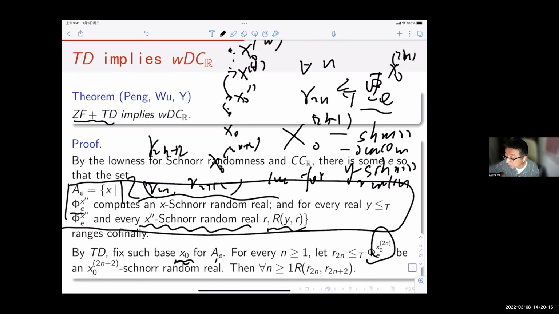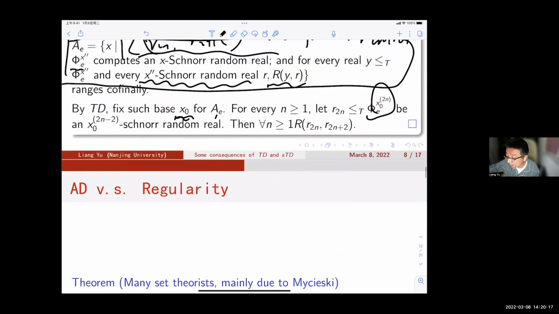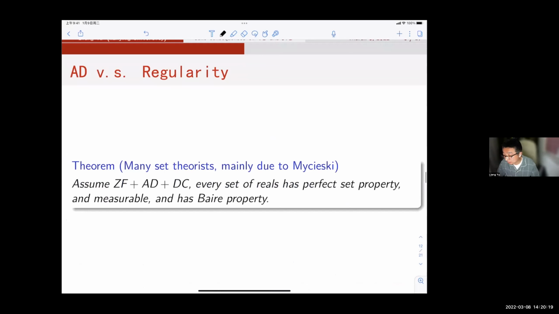And let's look at the other applications. It's well known why AD is important, because it implies regular properties for sets of reals. For example, CF plus AD plus DC: every set of reals has the perfect set property, that means every uncountable set of reals has a perfect subset, and every set of reals is measurable and has the Baire property.